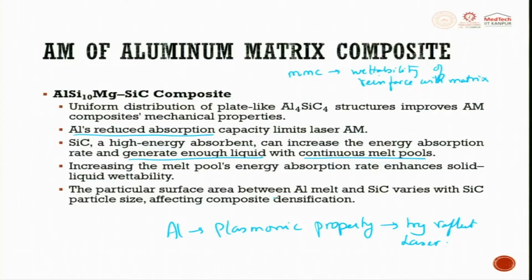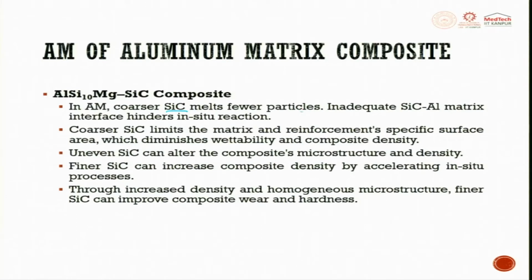The particulate surface area between Al melts and SiC varies with SiC particle size, affecting the composite densification. In AM, coarse SiC melts fewer particles. Inadequate SiC-Al matrix interface hinders the in situ reaction. Coarse SiC limits the matrix and reinforcement specific surface areas, which diminishes wettability and composite density.